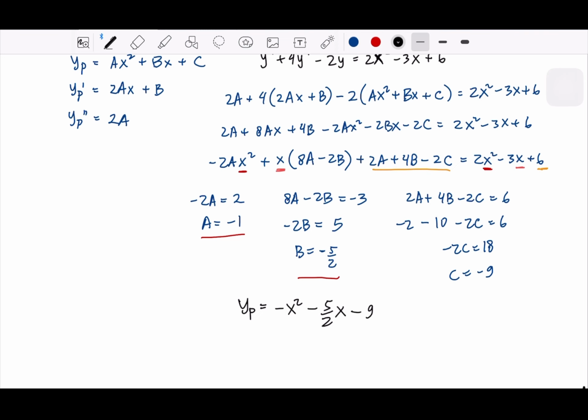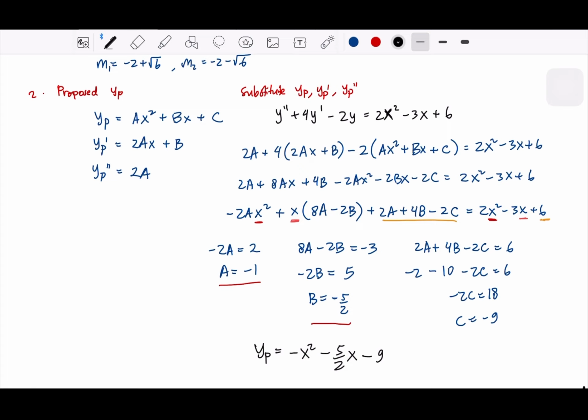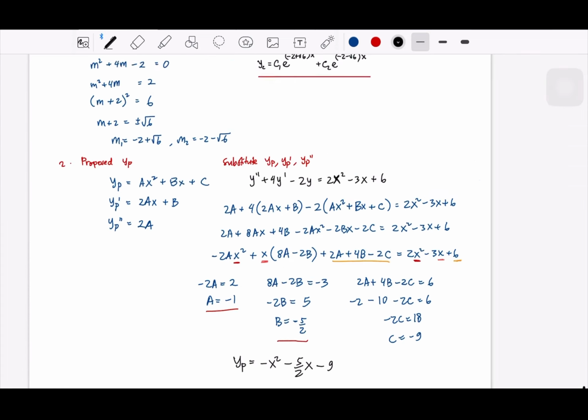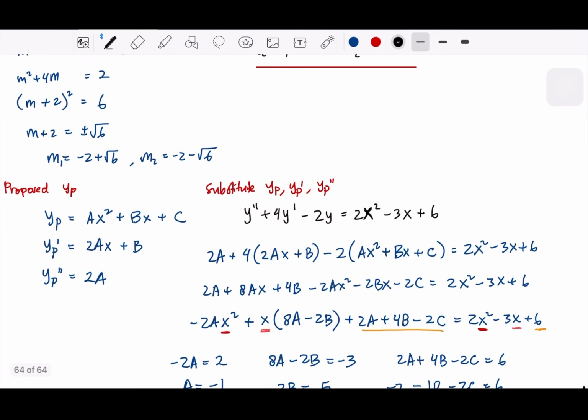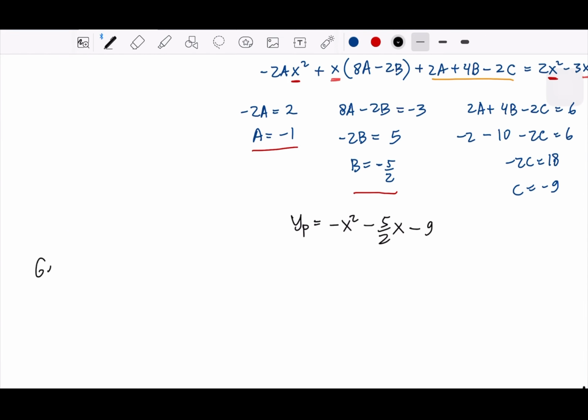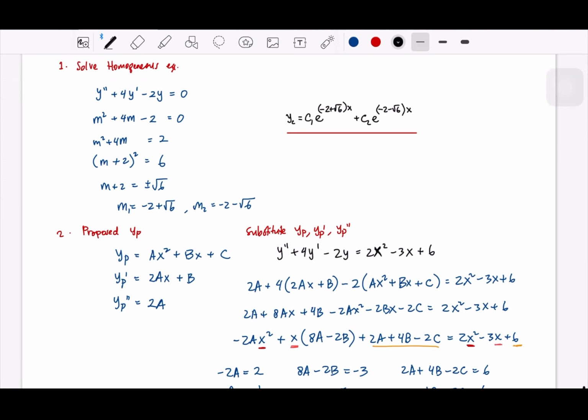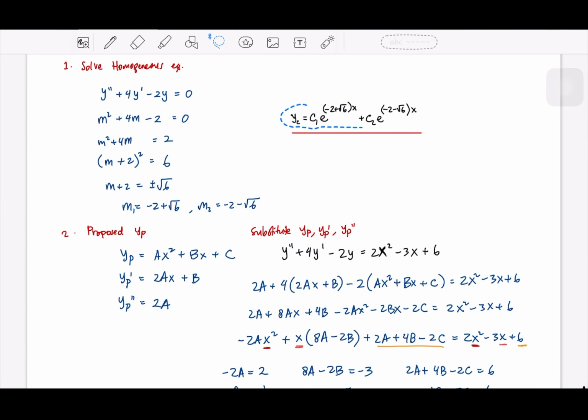Okay, so by this method, now we have yp and we have yc from the homogeneous solutions, right? From here. So we can write the total solution or the general solution. Let me write y is yc plus yp.